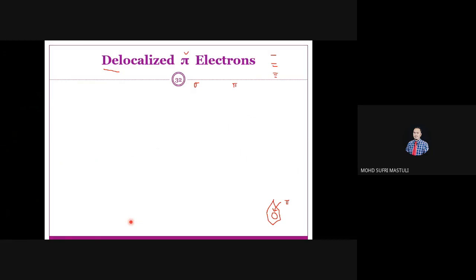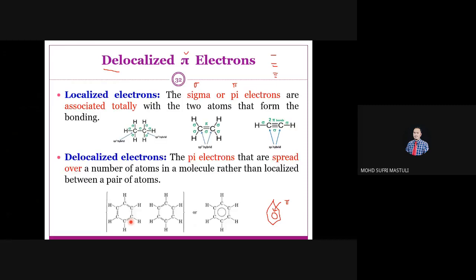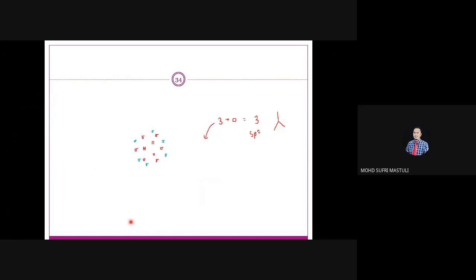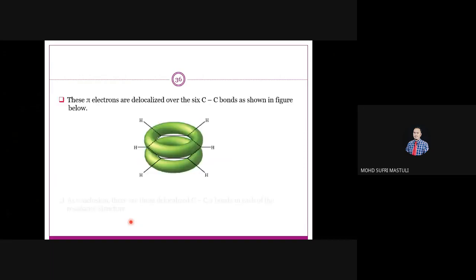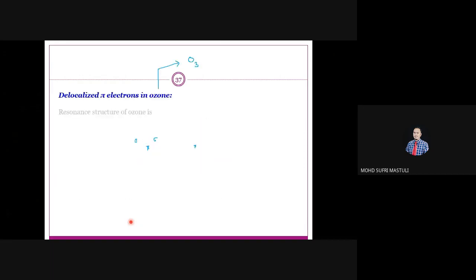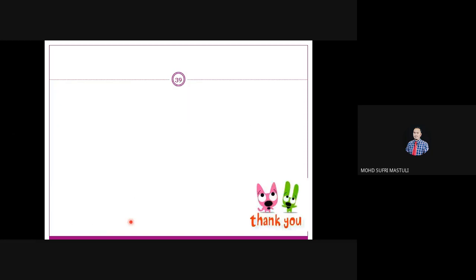This one is the delocalized pi electron, which I just explained. Delocalized pi, localized electron, and also delocalized electron. So we went into detail with examples, benzene and also ozone. By doing so, I think we are done with this chapter.